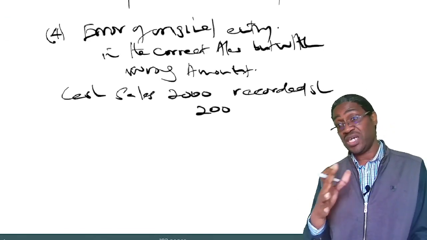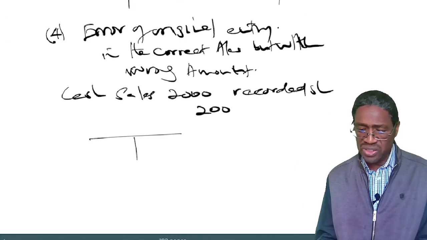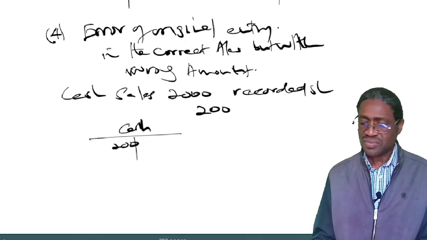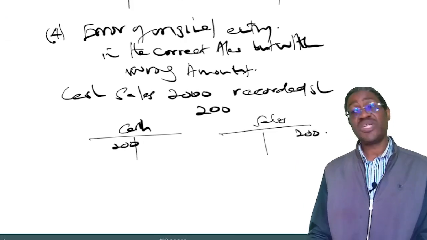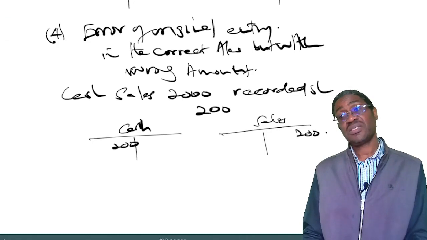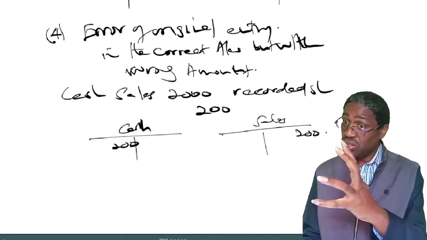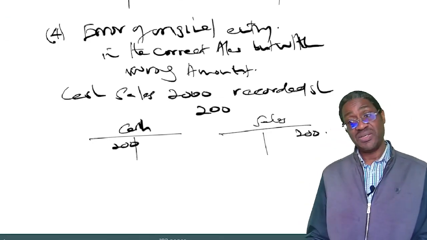You recorded a cash sales of 2,000 as 200. So it's obvious you debited cash by 200. You credited sales by 200. Will the trial balance still balance? Yes, the trial balance will still balance. Though the amounts are wrong, the trial balance will still balance.